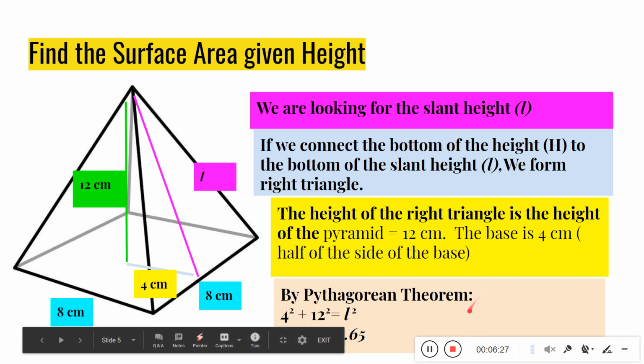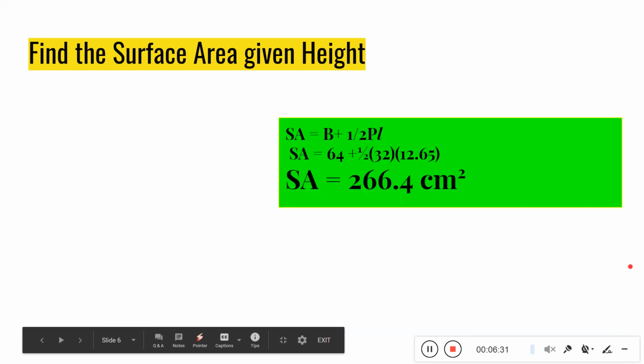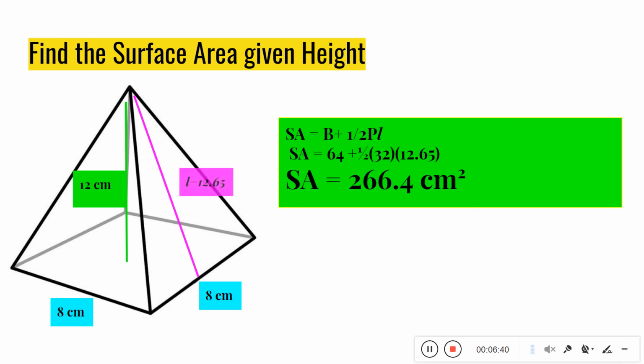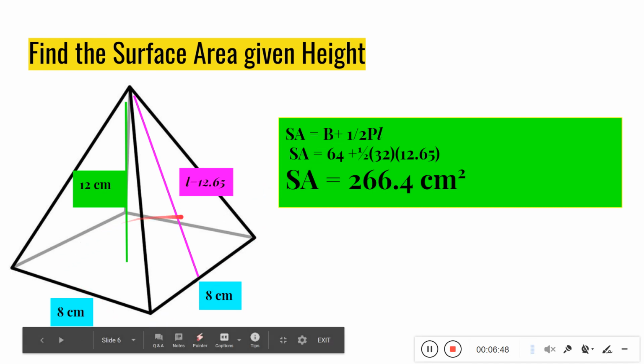Okay, so now we're ready to find the surface area of this pyramid. Again, it's 8 by 8. That height is 12. That slant height we just figured out to be 12.65. So in my formula, B stands for area of the base. The base is an 8 by 8 square, so that's 64. 1/2 the perimeter of the base is all the way around.